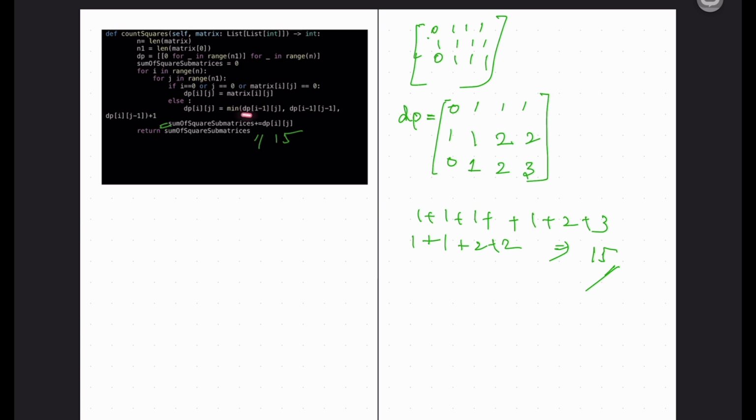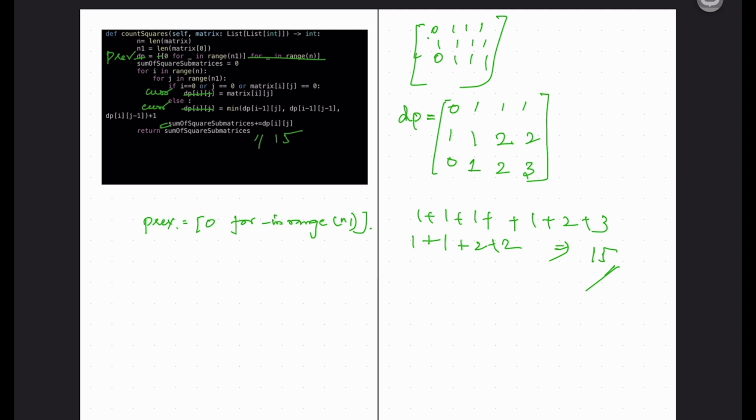So instead of dp of i minus 1, we can have a previous array. So this was the previous, and here the current dp we have as current. This is also current, and here you will have previous. Previous and current.